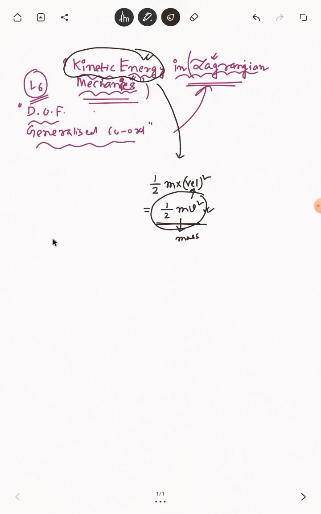To realize that at a glance, we must go through Newtonian mechanics and especially Newton's second law of motion, which tells us P equal to mf. P is force, m is mass, f is acceleration.